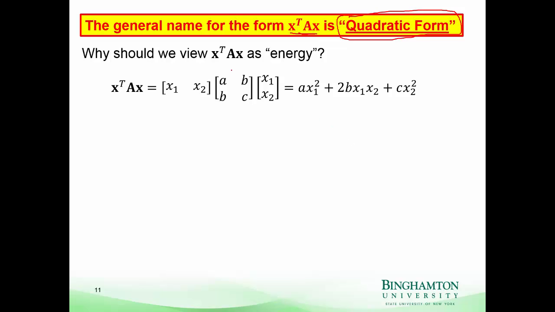Let's take a look at it. And why should we view this thing that we call a quadratic thing as energy? Well, let's take a look. So here's our x transpose AX. Here's our x transpose. Here's our A, symmetric as it must be, because we could form the quadratic form for any A, but we're interested in positive definite matrices, which we've already established must be some subset of the symmetric matrices.